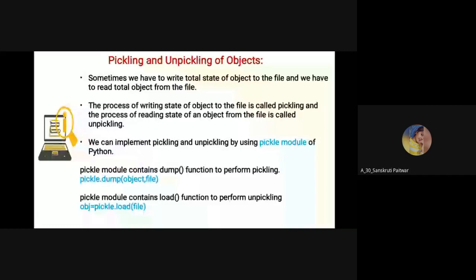Second is pickling and unpickling of objects. This is a very important topic. This is also called serialization or deserialization in other languages, in Java or any object-oriented languages. If you are facing a Python interview or any object-oriented language interview, there will be a question on this, like what is serialization and deserialization, or what is pickling and unpickling in Python.